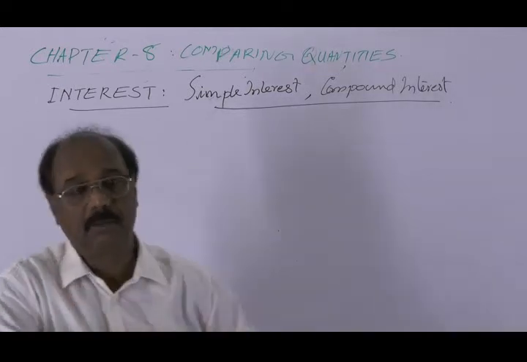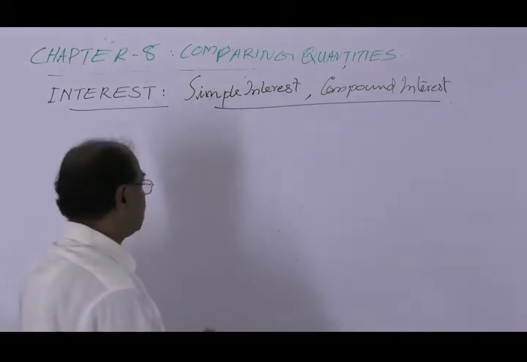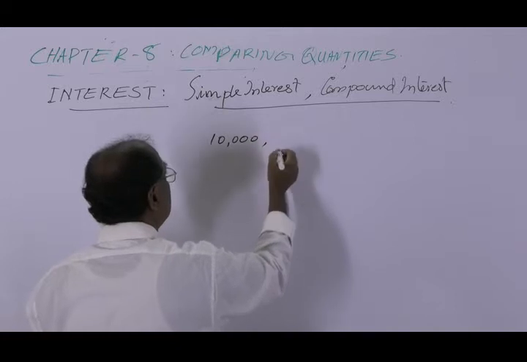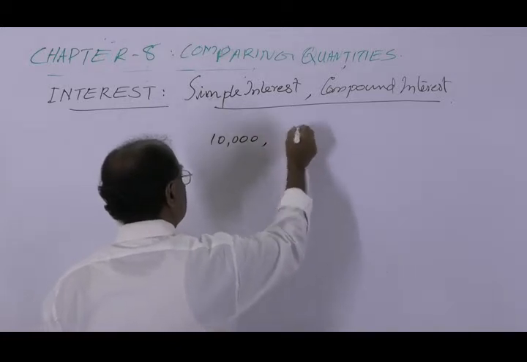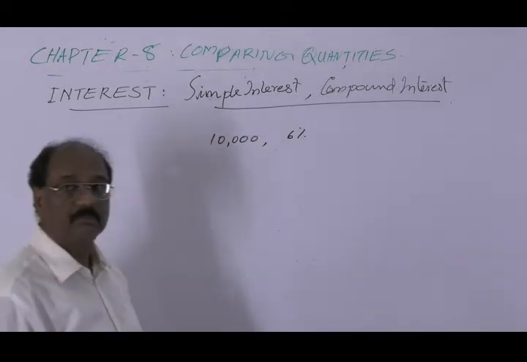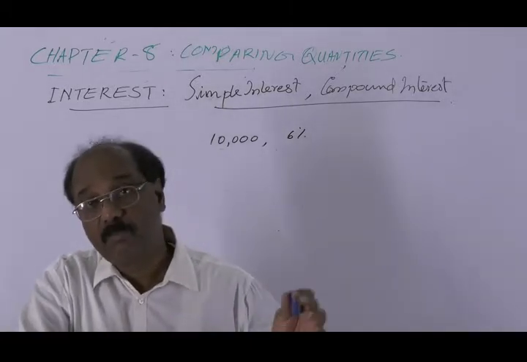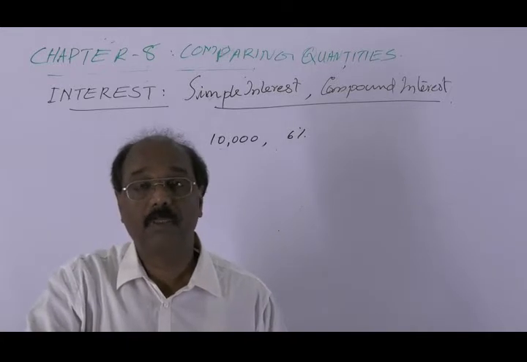For example, suppose we deposit rupees 10,000 in a bank for an interest of 6%. And suppose the interest is simple interest.